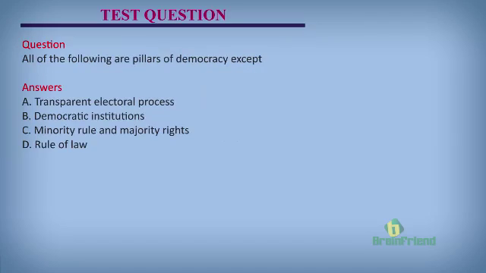Now, as usual, we'll have a very brief test, one test question, since the lesson is very brief, as you can see. And the question: all of the following are pillars of democracy except A, transparent electoral process, B, democratic institutions, C, minority rule and majority rights, and D, the rule of law.